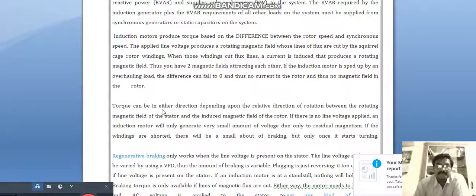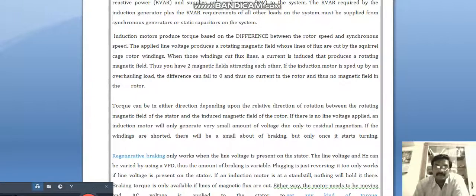Torque can be in either direction, depending upon the relative direction of rotation between the rotating magnetic field of the stator and the induced magnetic field on the rotor.